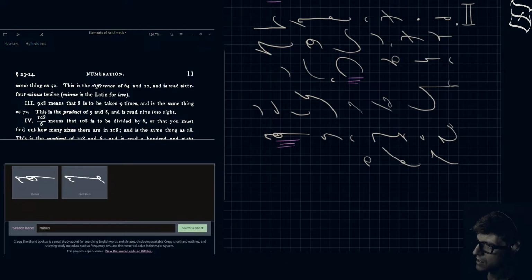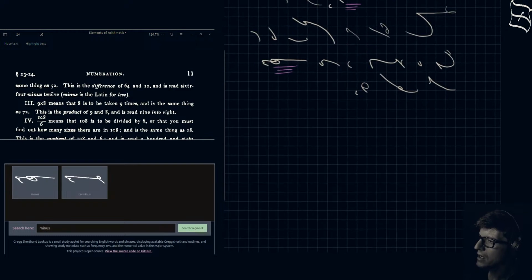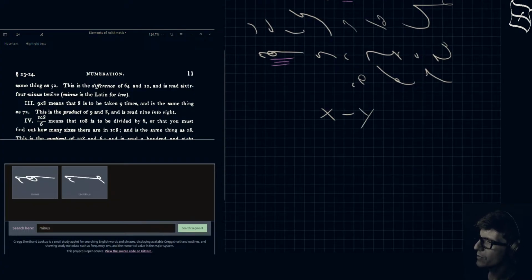In quotes, x minus y is read as. Here, anytime we have a math operation, we show it in longhand, x minus y. This would be read as, and now we switch back to shorthand, x minus y.